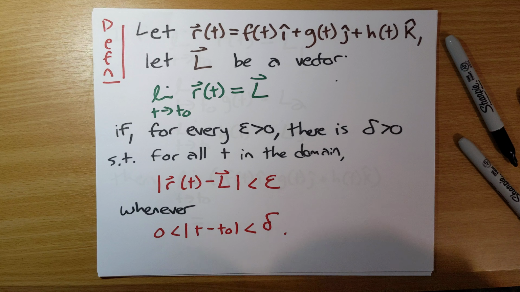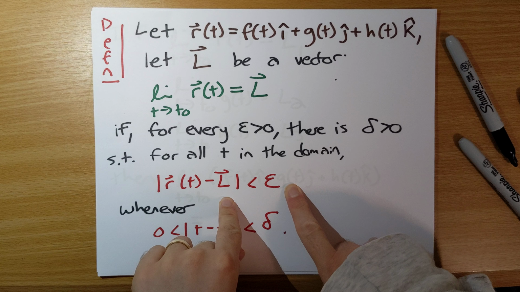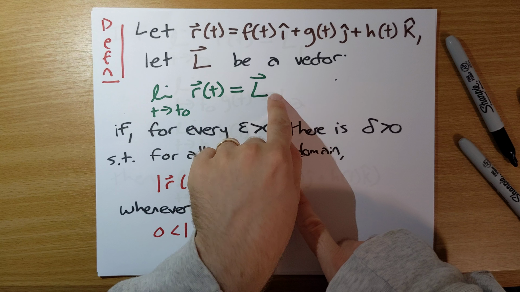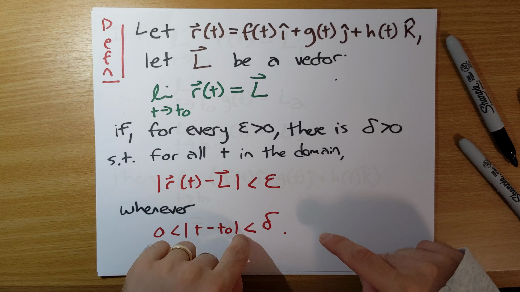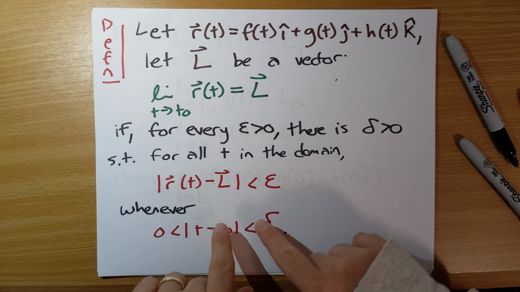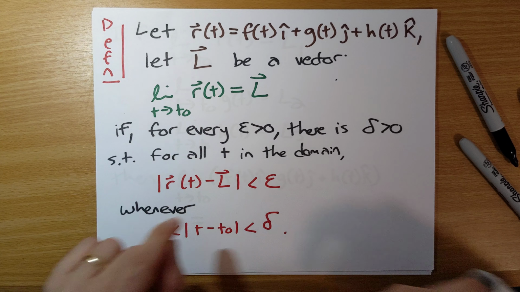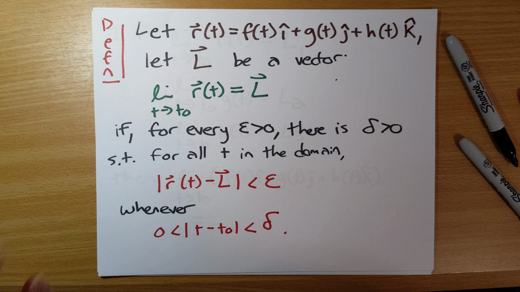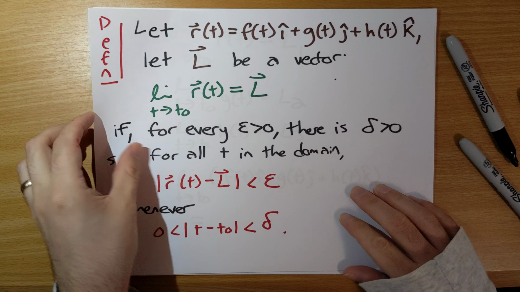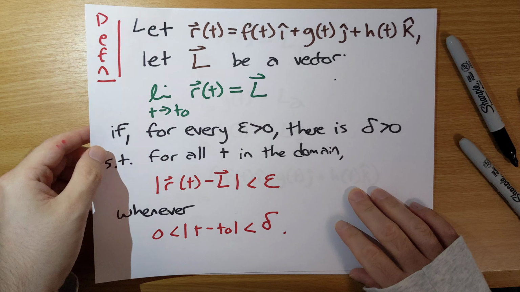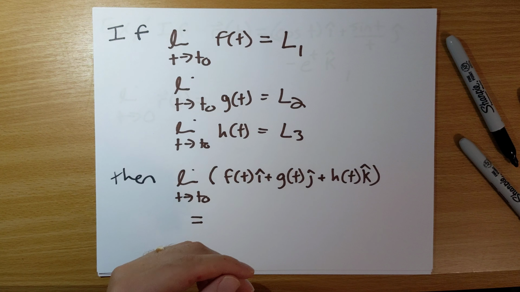Essentially what this says is that you tell me how close you want to get to the target value, like the specific vector 1, 2, 3, and there is some distance away from the t naught value that if you're within so much of that, you're guaranteed to be close enough to L. Again, this is a lot. I'm not going to test you on this formal definition, because in practice, we can just reduce everything down to one-dimensional limits.